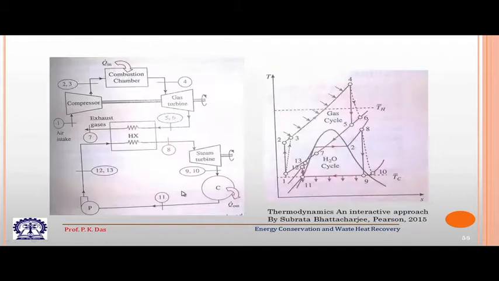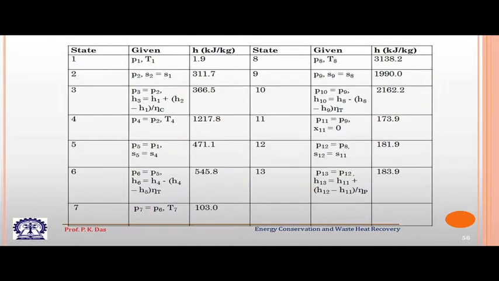Let me go back to the cycle once again. These are the points on the gas turbine cycle, and we have calculated the property values, particularly the enthalpy at these points, following the usual procedure.